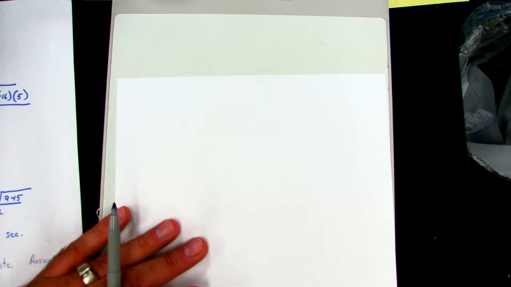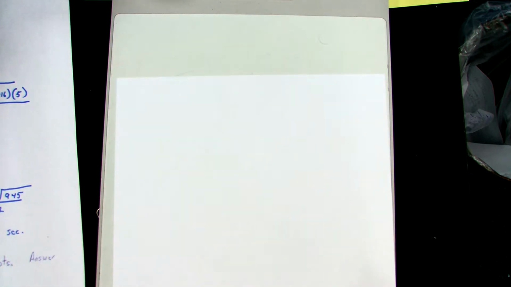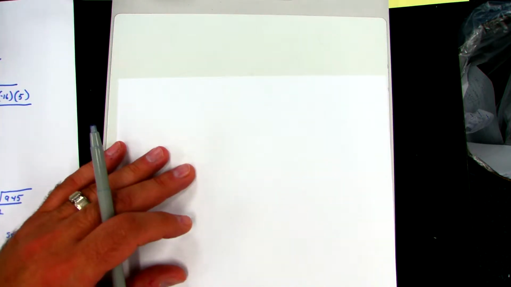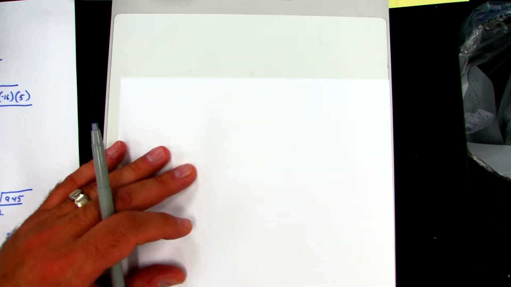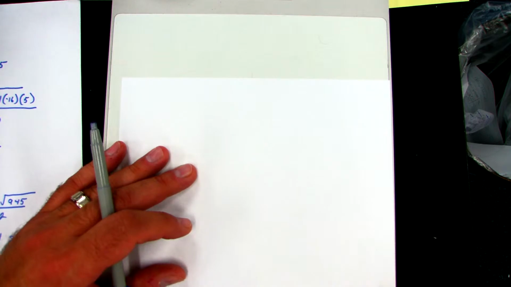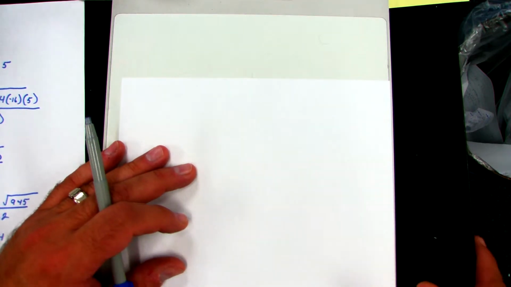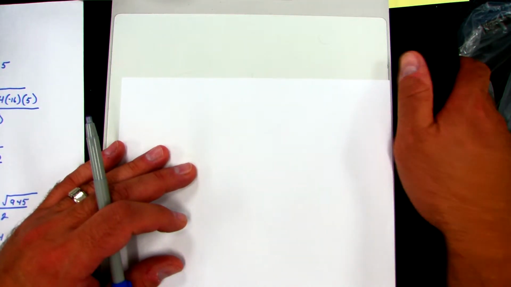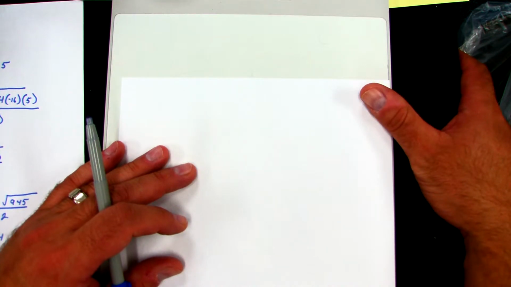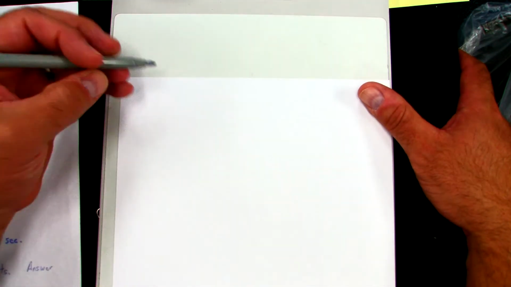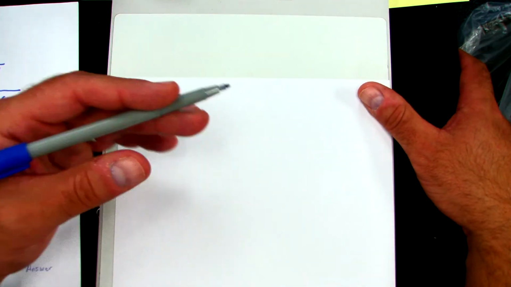The first question was to write out the formula for the equation of the ball going through the air and landing on the ground. They gave them the equation of the ball going through the air.